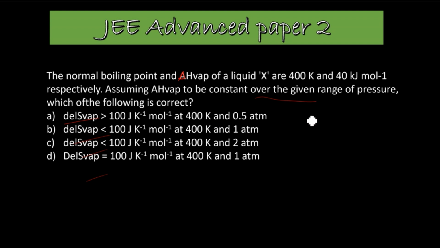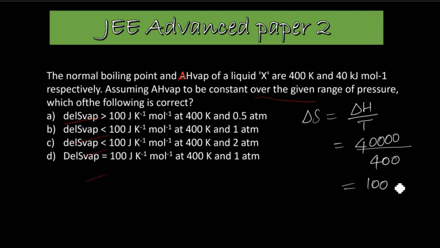Delta S is equal to delta H by T. For the given boiling point, delta H is 40 kilojoule, which I take as 40,000 divided by 400, which gives 100 joule per mole Kelvin.